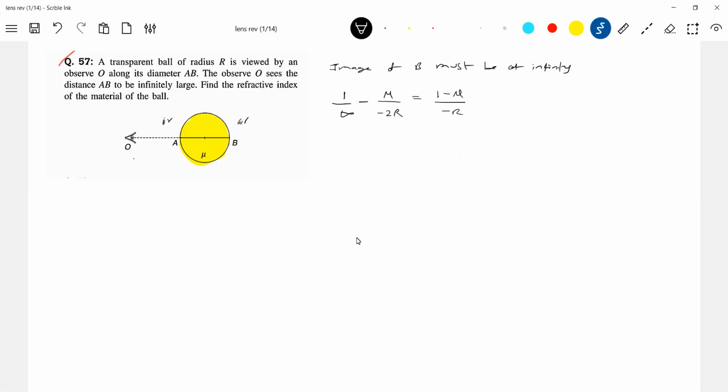Why the negative symbol? The image should be at infinity. So we get mu equal to 2.